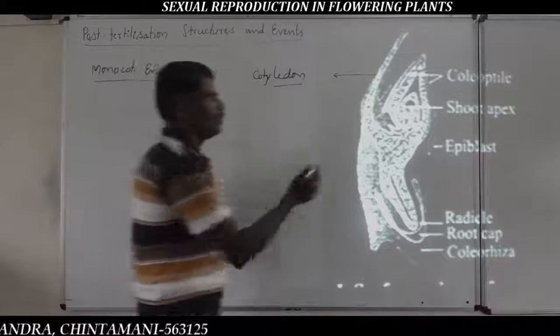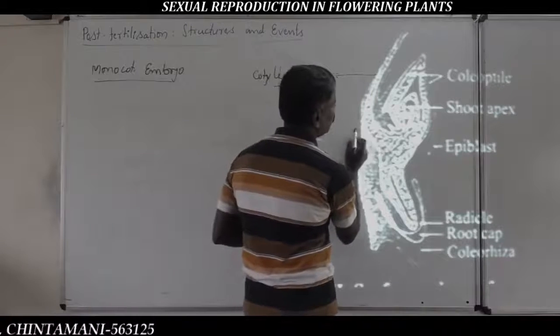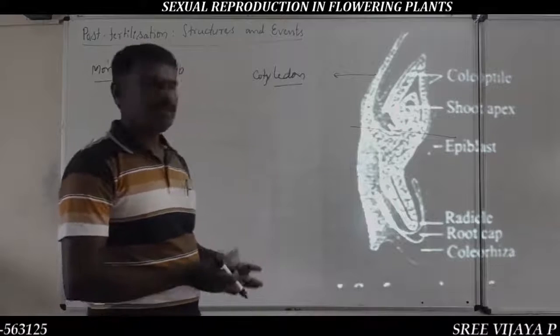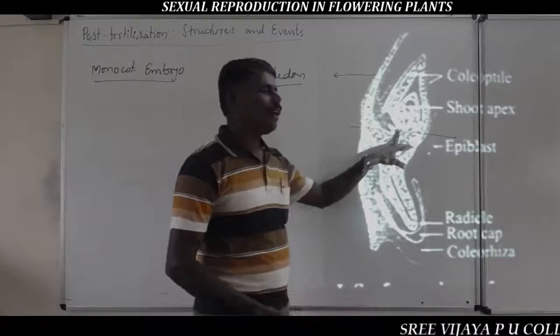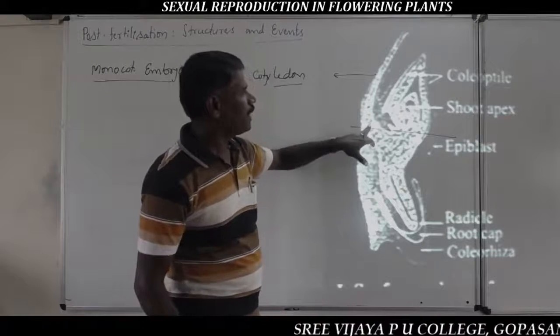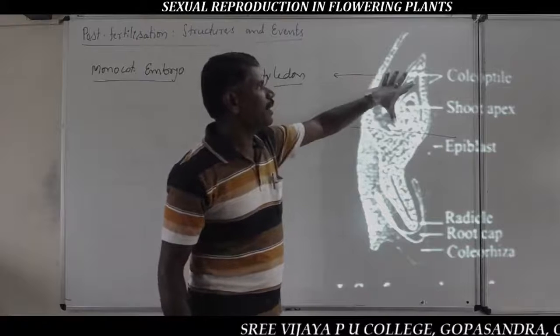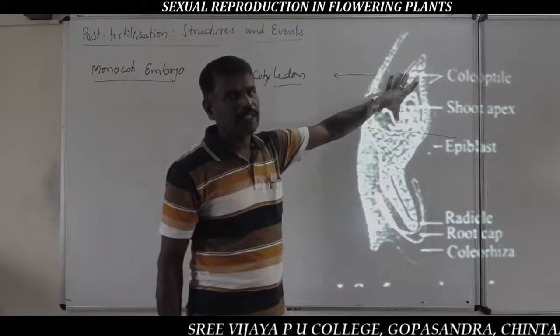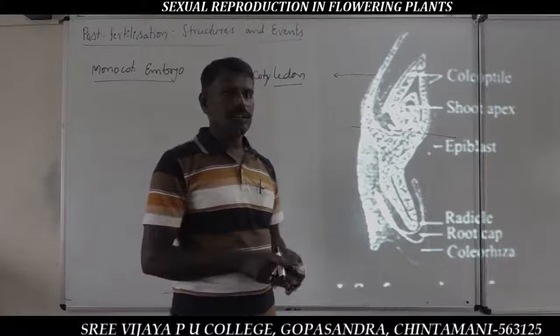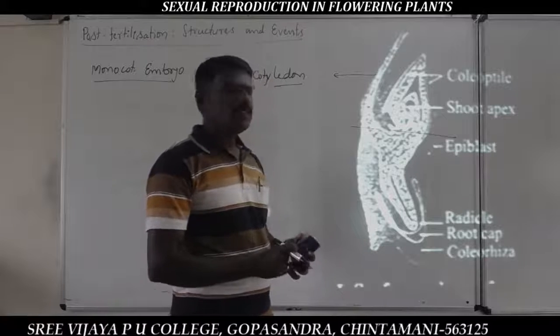So here also, what is the portion? It is the origination portion of the embryonal axis of the embryo. Above the origination of the cotyledon is what we call the epicotyl. Below that is the hypocotyl.